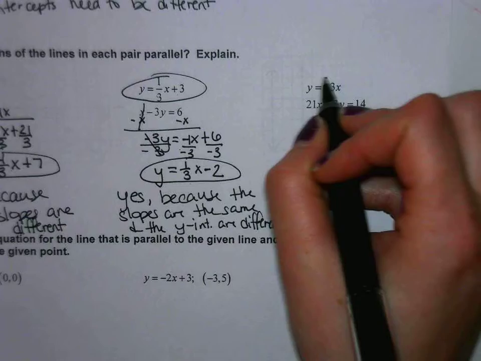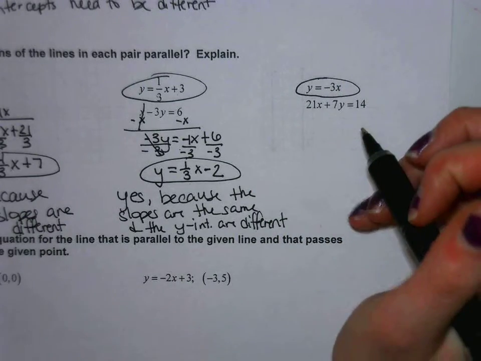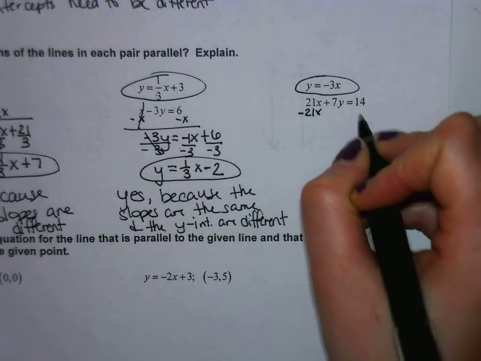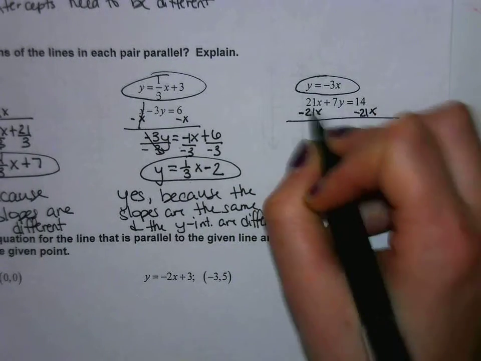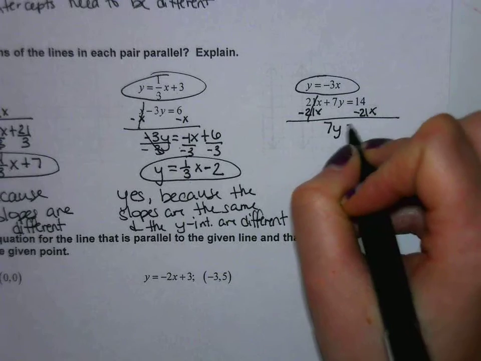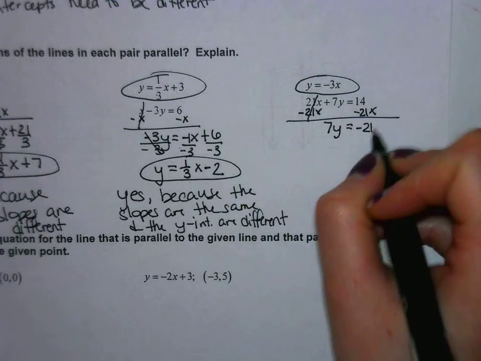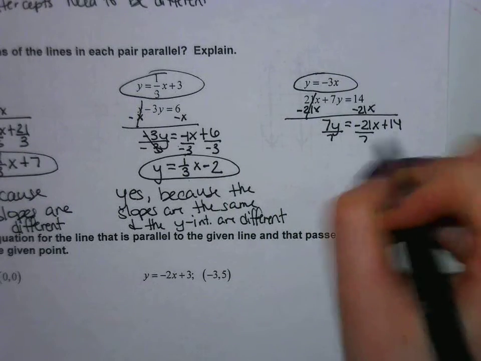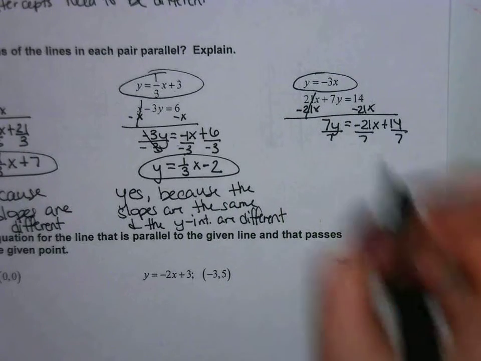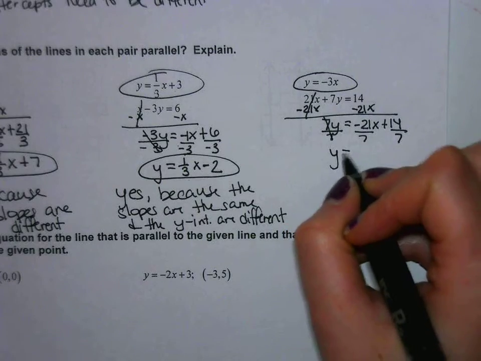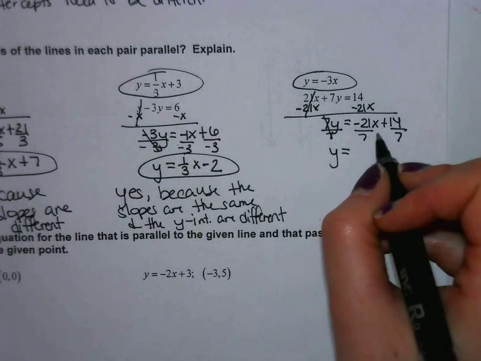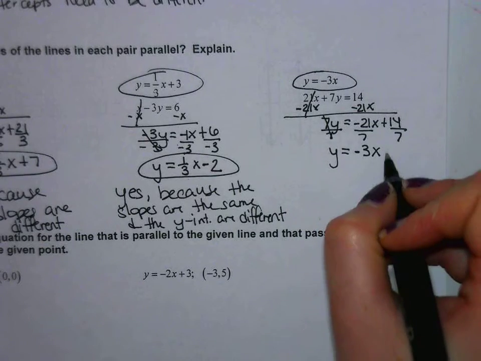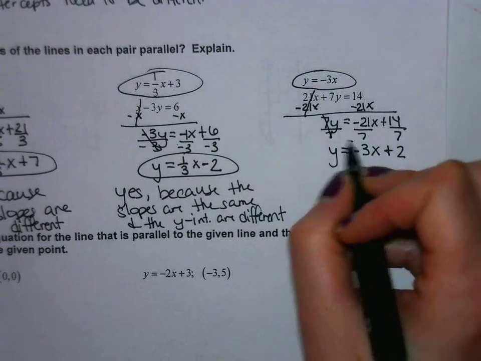So our third example, this one is in slope-intercept form. So our first step would be to subtract 21x from both sides of the equal sign. So 0, so we're left with 7y equals negative 21x plus 14. And we divide everything by 7. 7 divided by 7 is 1, so we're left with 1y equals negative 21 divided by 7, so we have negative 3x. 14 divided by 7 is a positive 2.